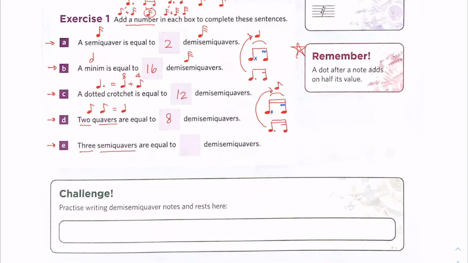So this is 1 semiquaver, 2 semiquavers, 3 semiquavers. Each semiquaver can be split into 2 demisemiquavers. So 3 times 2, there are 6 demisemiquavers.